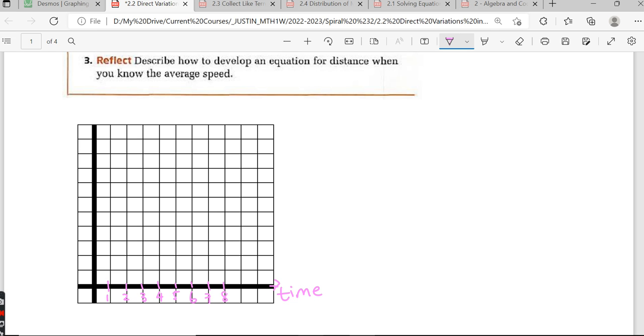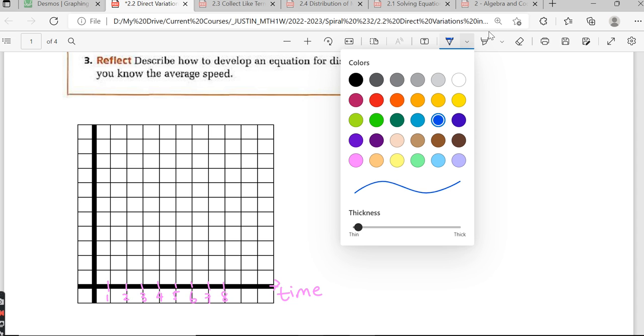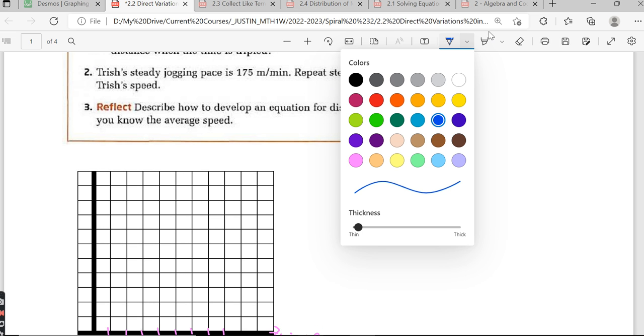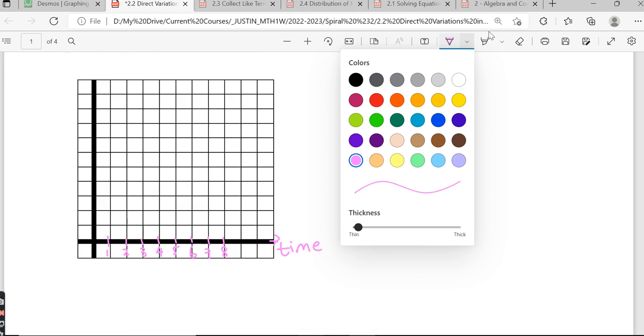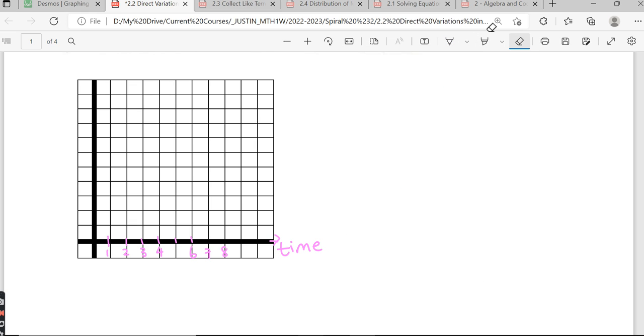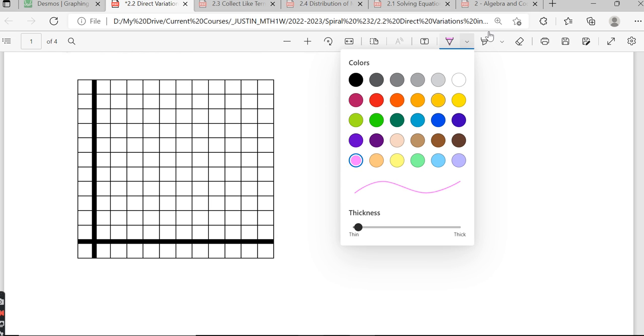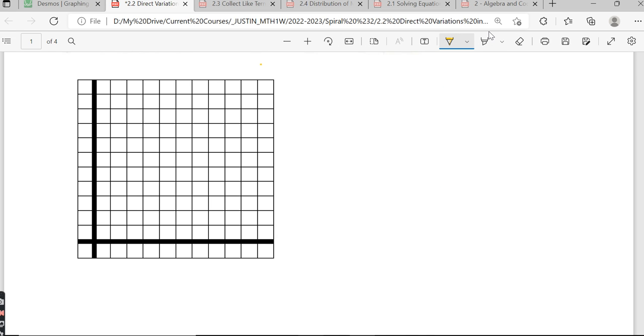Okay. And then our dependent variable, which it looks like I used pink. Oh, whoops, I got the colors all mixed up. You know what? I'm going to correct that. So yellow was our independent variable, which was time.